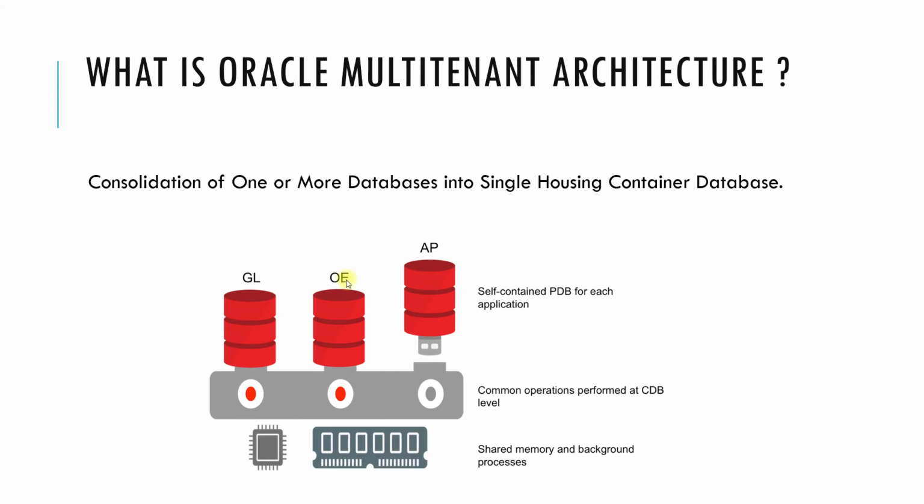Now what is happening in multi-tenant architecture? If we have infrastructure, let's say hard disk as well as RAM and memory, on top of it it will have a container database. Let's say we install a multi-tenant database. What will a multi-tenant database contain?